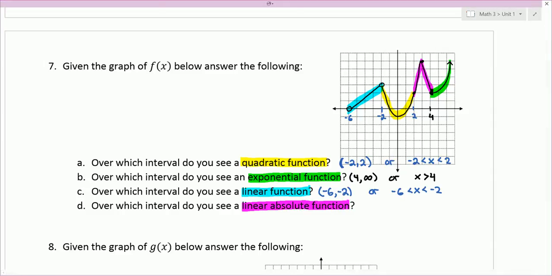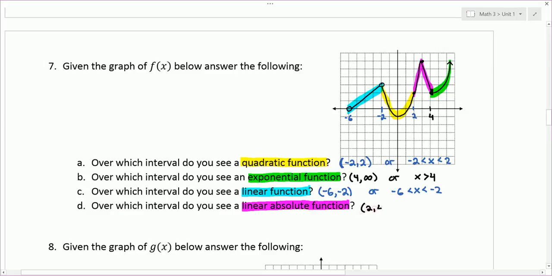And lastly, the linear absolute value function goes from 2 to 4. And we can write it in either form.